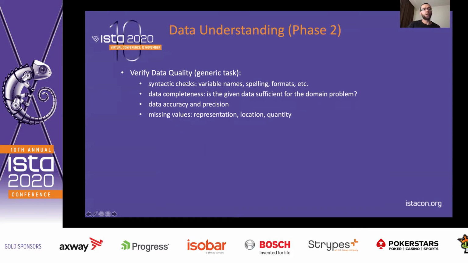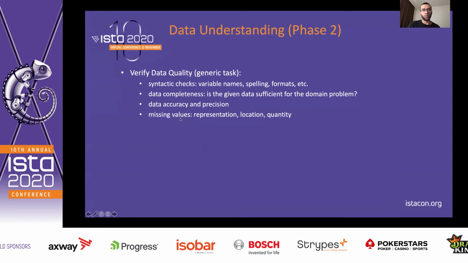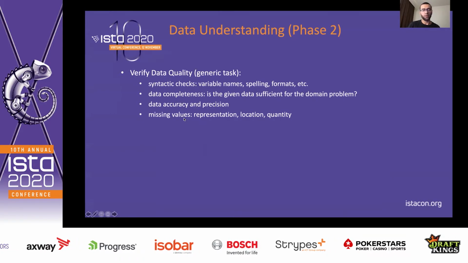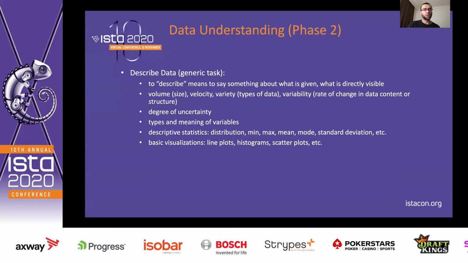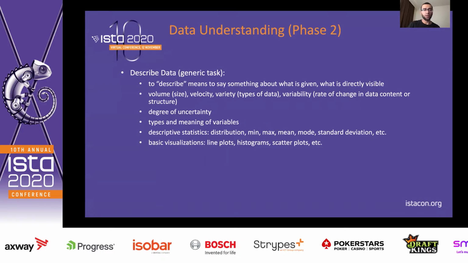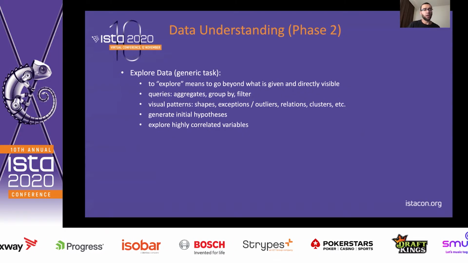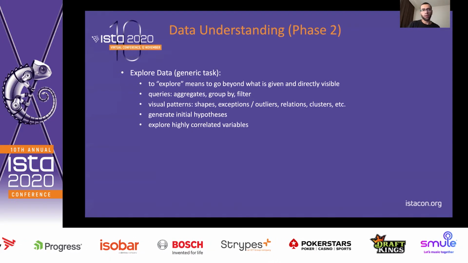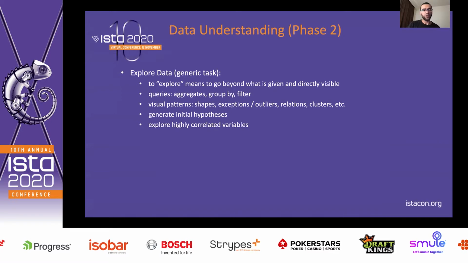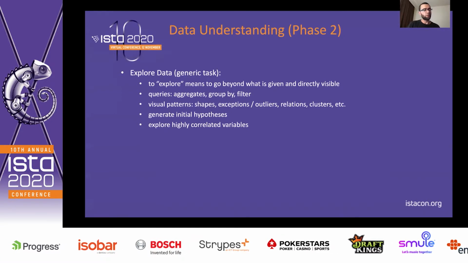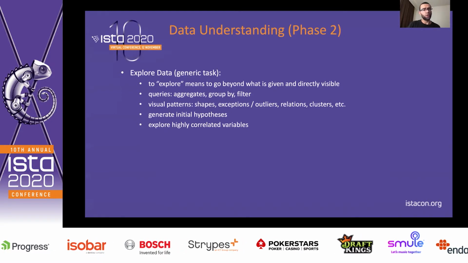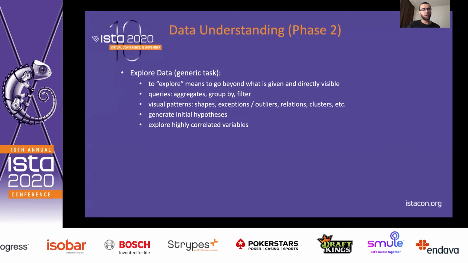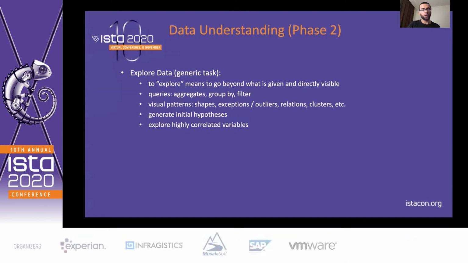Then verify data quality and some subtasks below, like syntactic checks, handling missing values, and so on. Describing the data is another generic task. Exploring the data is another generic task. And that is for this phase. So that I don't go through all of these in detail, I think they're pretty clear, I will just mention the generic tasks so we can keep moving and cover more information.